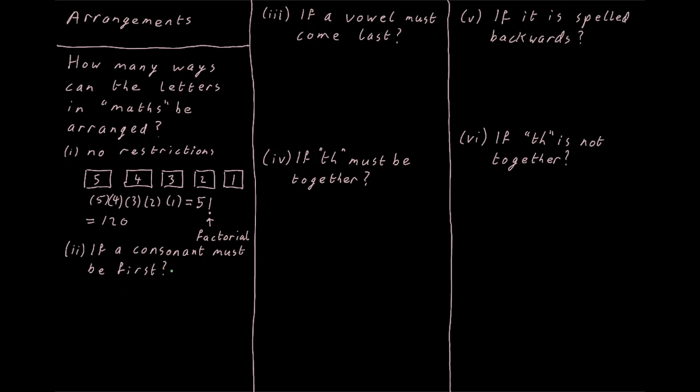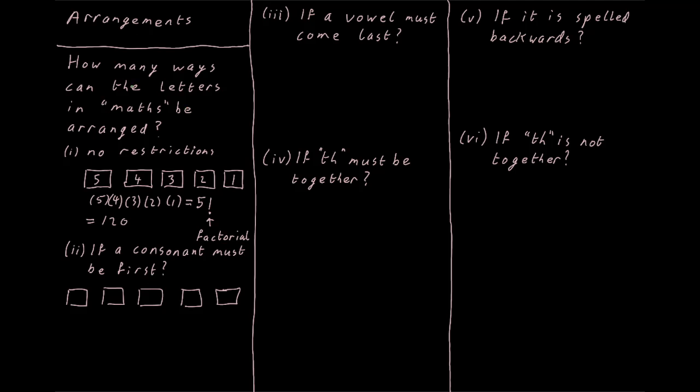Now, we can have restrictions that make this story more complicated, but if we use our boxes to keep track of the options we've got, it makes life a lot easier. So I'm going to draw my 5 boxes again to help me keep track of the restriction that they've given me in this second part of my question. So how many ways could we arrange these letters if a consonant must be first? A consonant is a non-vowel.